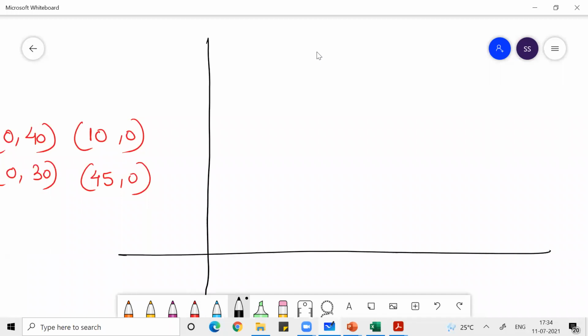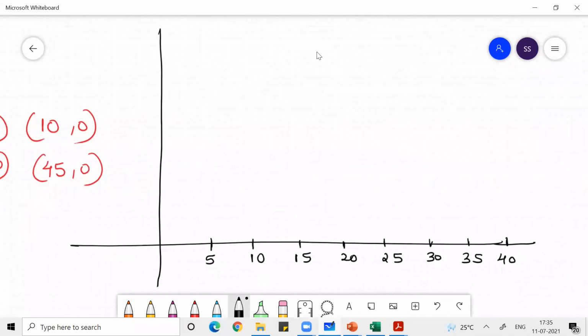If you draw the axes like this, you can put here 5, 10, 15, 20, 25, 30, 35, 40, and then 45.